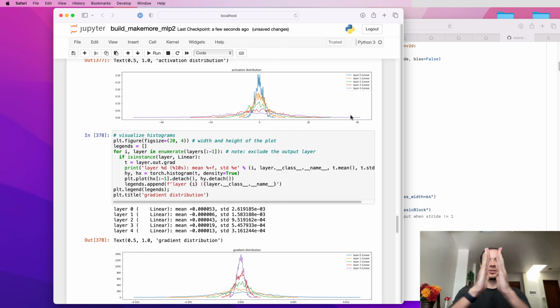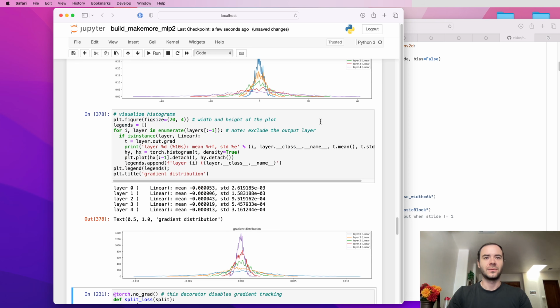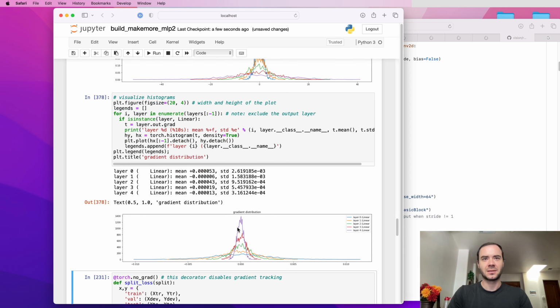So what's happening to the activations is this. And with the gradients on the top layer, the gradient statistics are the purple, and then they diminish as you go down deeper in the layers. And so basically you have an asymmetry in the neural net. And you might imagine that if you have very deep neural networks, say like 50 layers or something like that, this is not a good place to be.